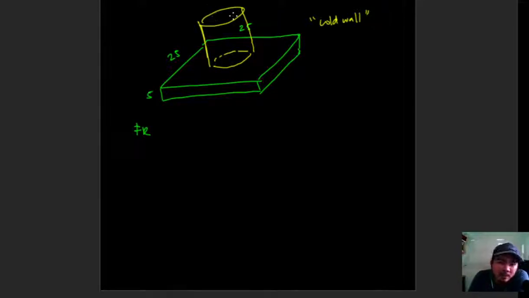Because if it's an open riser, it's exposed to the air, which is also considered a quote-unquote cold wall. Or if it's a closed or blind riser, then it is also in contact with the mold wall. But this bottom part is in contact with liquid metal. If it's in contact with liquid metal, then it does not actually contribute to the heat transfer, no? So you should subtract that.